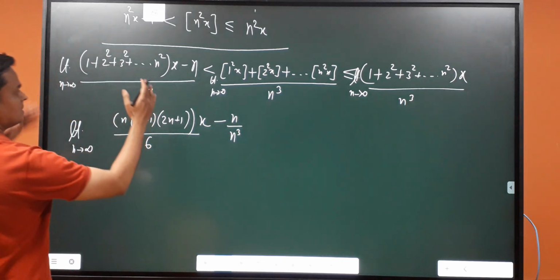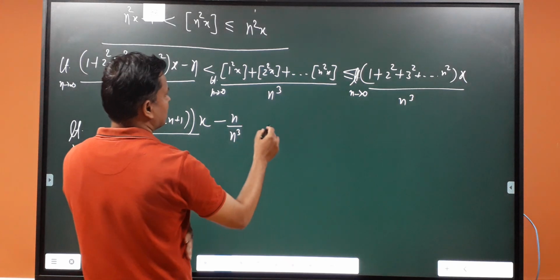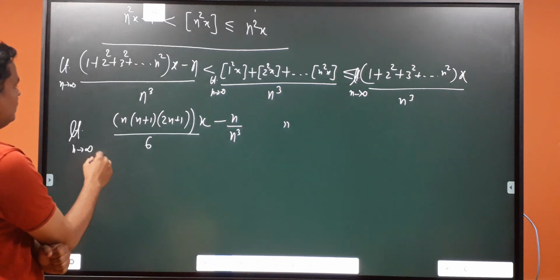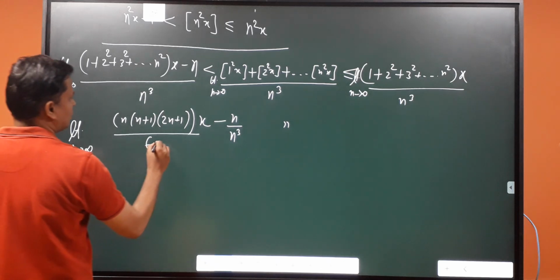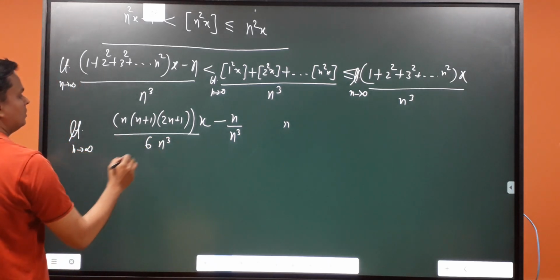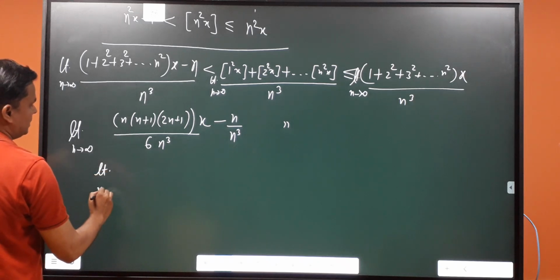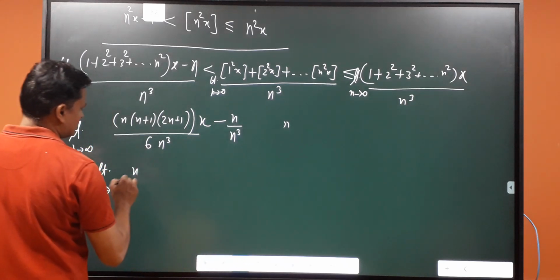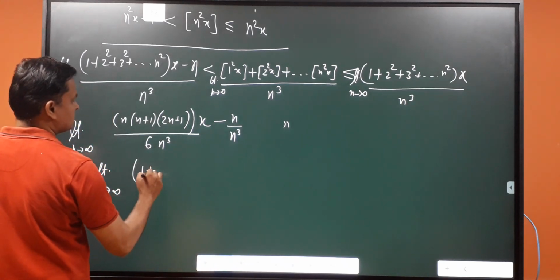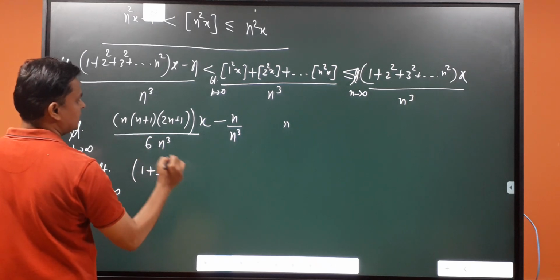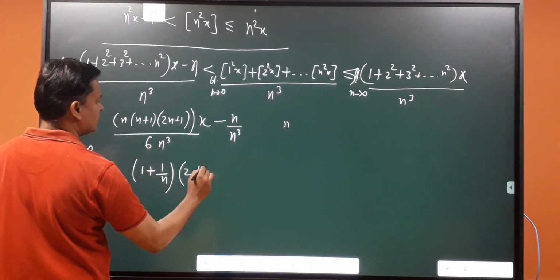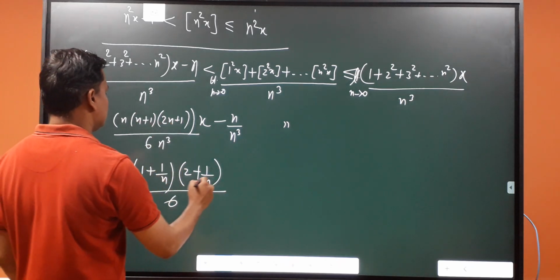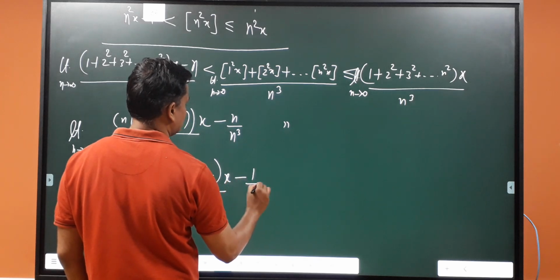I am taking the left hand side and will not write it again and again. If I apply n tends to infinity, what will I get? Here also it was n cube. See, n and n cube, one n may get cancelled, so I can directly write it like this: 1 plus 1 upon n, dividing by n, and 2 plus 1 upon n, and 6. This n square went here, and then n x and then 1 by n square.